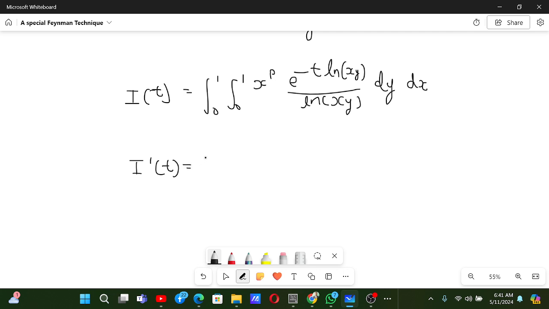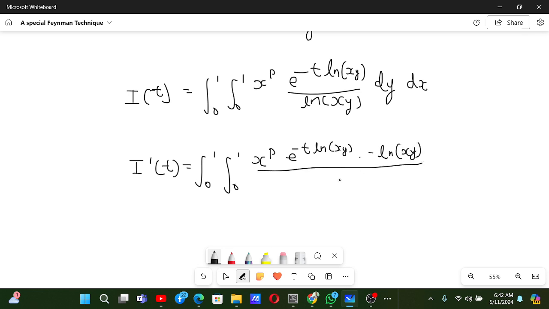We have the integral from 0 to 1, integral from 0 to 1 of x^p, e^(-t ln(xy)) times minus ln(xy), divided by ln(xy), and then dy dx. Okay, now this cancels out.